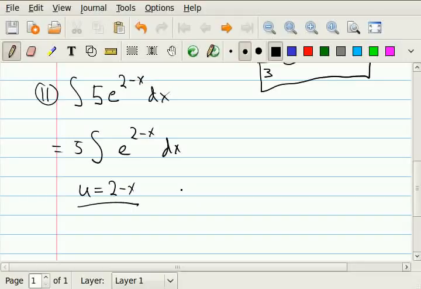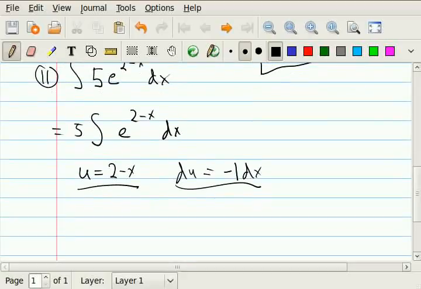And du, remember, that's the derivative of u with respect to x. That'll be a minus 1 times dx. So actually this one wasn't maybe even quite as bad. If we make this replacement, we get 5 times the integral of e to the power u. But look, we just have a dx here. What do we do with that? Well, we need to have a minus dx in order to call that du.